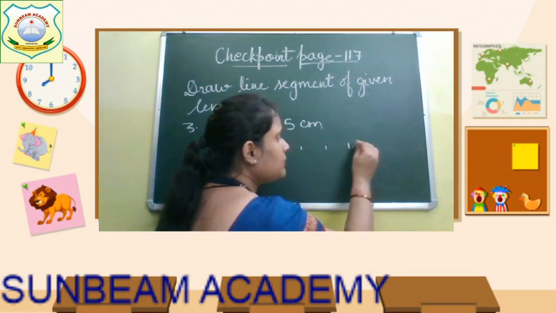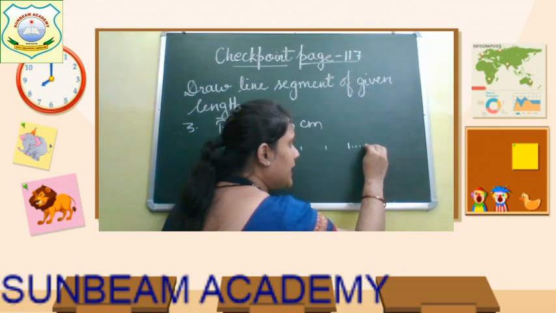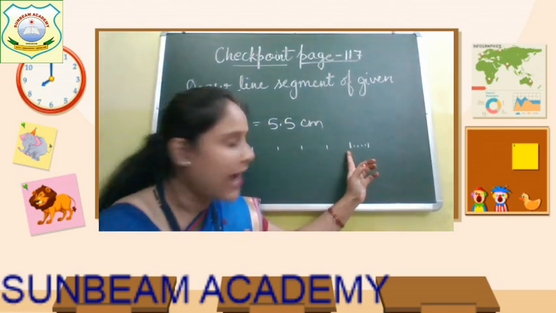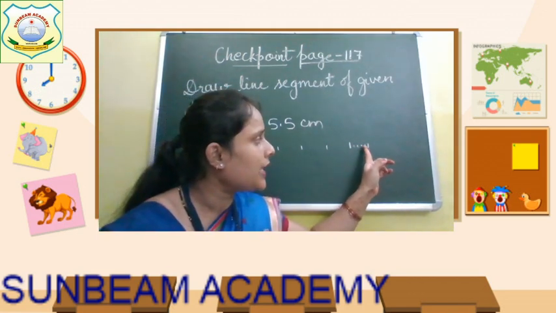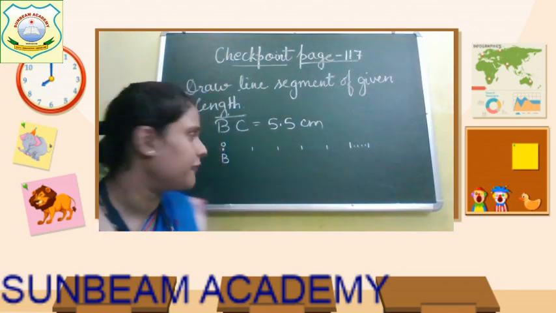There you will see small lines. 1, 2, 3, 4 and then here you will see a middle line. So this is 5. Now count smaller points. 1, 2, 3, 4, 5. This is 5.5. Okay.